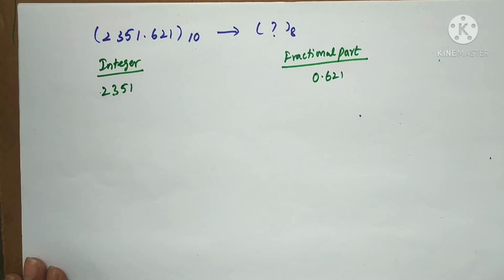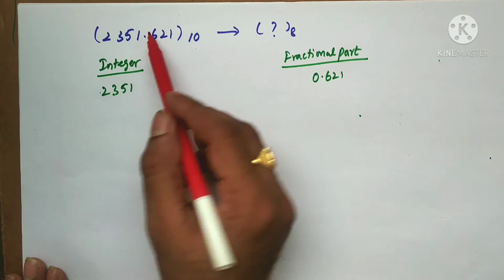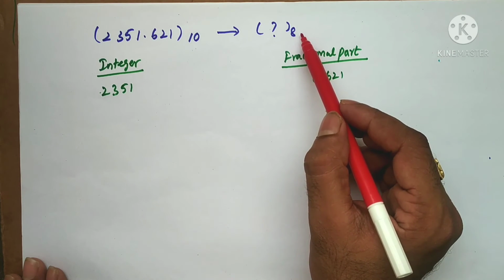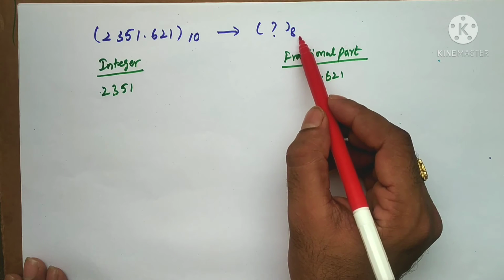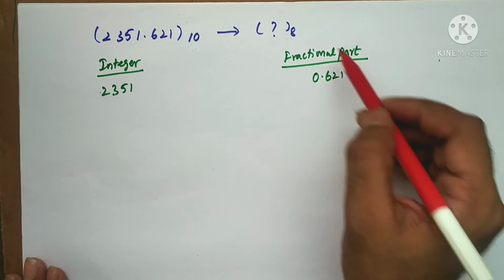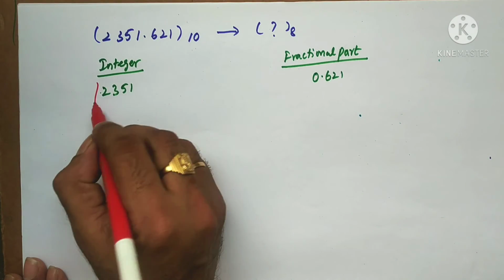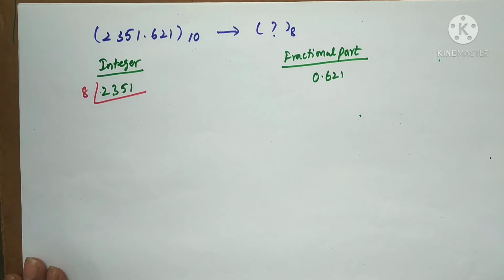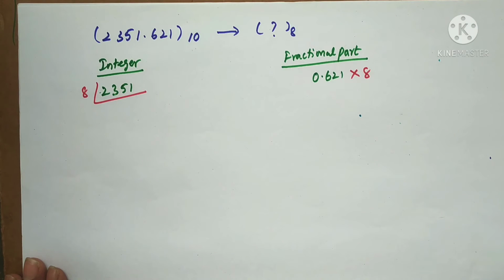To convert any decimal number into the octal number system, we divide the integer part by that base and multiply the fractional part by that base. So I have to divide the integer part by 8 and multiply the fractional part by 8.